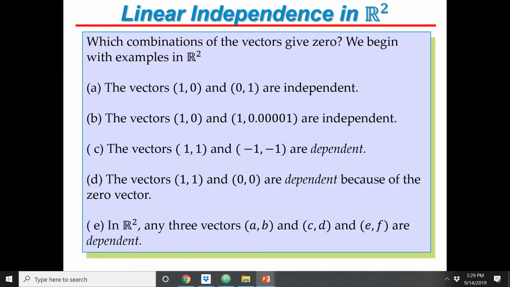And let me finish in R2. If you have 3 vectors, you know that these 3 vectors cannot be independent because you only need 2 vectors in R2 to generate any other vector. So if somebody gives you 3 vectors, you know that one of those vectors has to be dependent on the other 2.